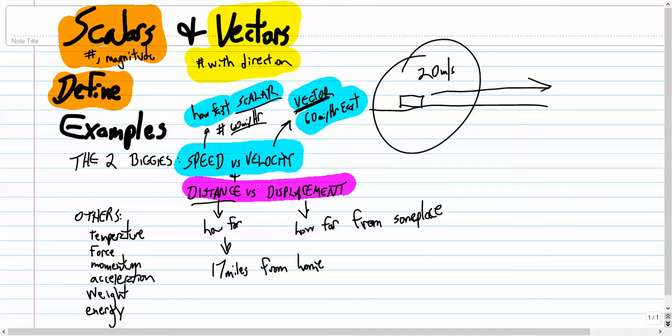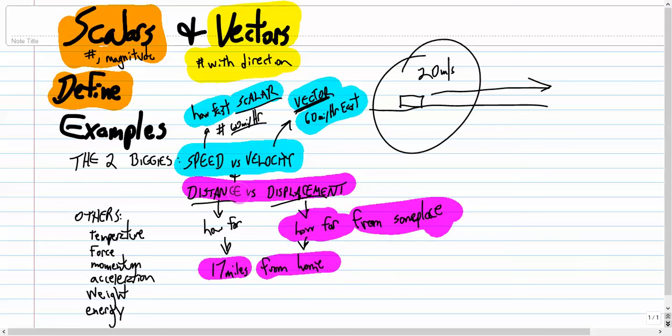Is that a distance or a displacement? 17 miles from home is actually a displacement because I say how far from someplace. How could I turn that into just a distance, into how far? Well, I would just have to get rid of this stuff. So now 17 miles, that is a distance.